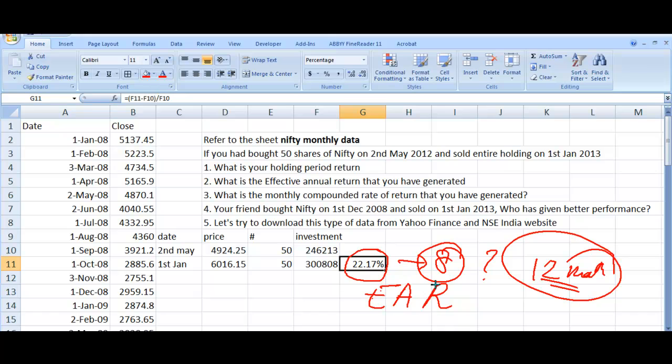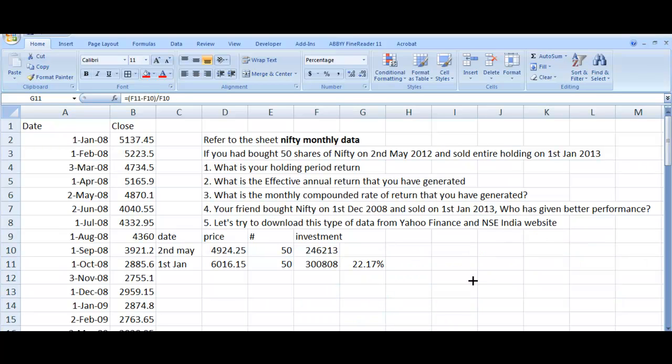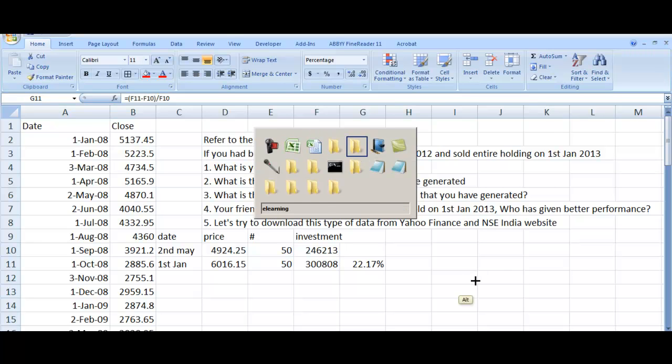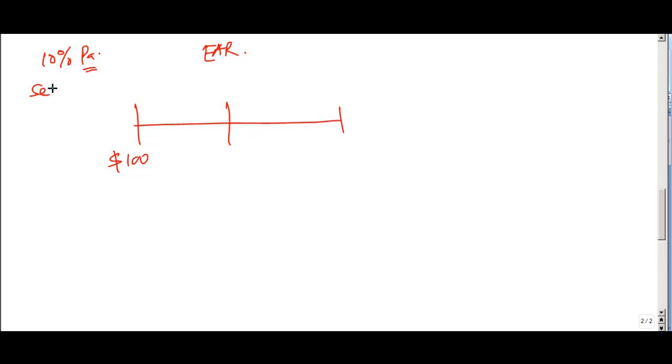So we need to find out the formula for the effective annual rate and how these things are done. Let us see how we can get the effective annual rate computation. Think about you are investing $100 and the bank has said that they will give you 10% per annum, but the compounding would be done on a semi-annual basis.